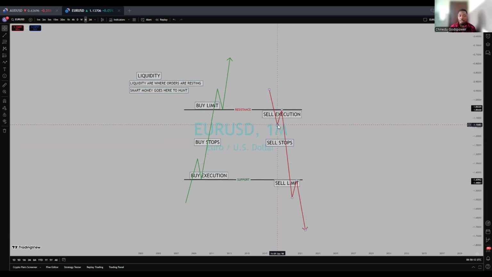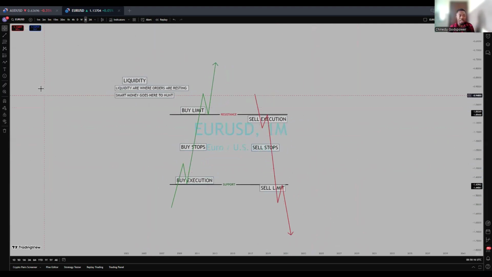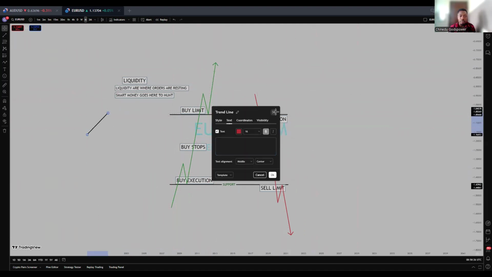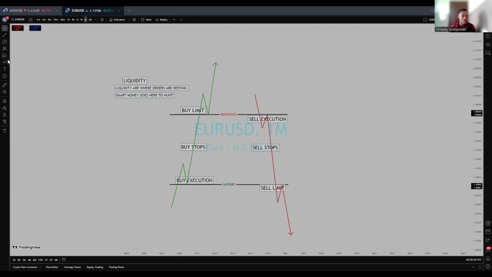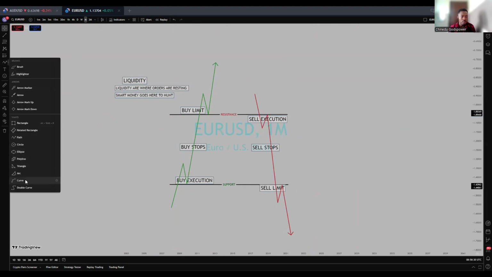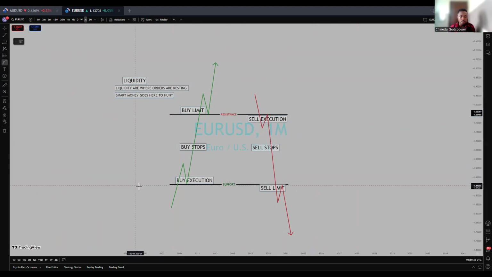All right, now let's move to the next phase. You know, we're working with time. I don't want this time to elapse and catch us. All the orders are resting above. Now this looks like a range. Now let me use a different tool. Now let's use this curve tool. All the orders resting below here, and all the orders resting just above here.